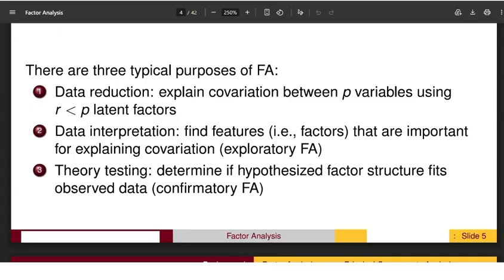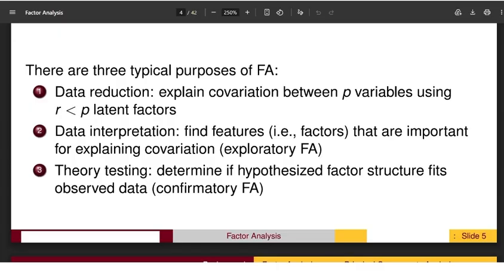Principal component analysis is a dimensionality reduction technique. And of course, factor analysis is also a dimensionality reduction technique.